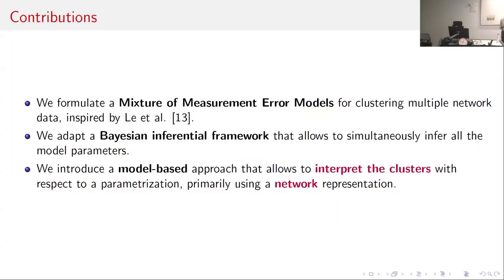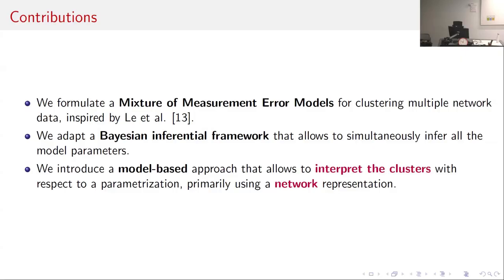And to do that, we formulate a mixture of measurement error models. So we have a mixture model where the components are measurement error models. And the measurement error model process is inspired by Lee et al. We adopted the Bayesian inferential framework for this mixture model that allows us to infer simultaneously all the model parameters. I will describe what inferences we're trying to make here.